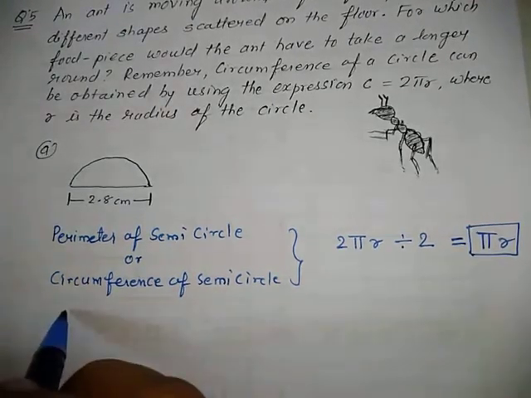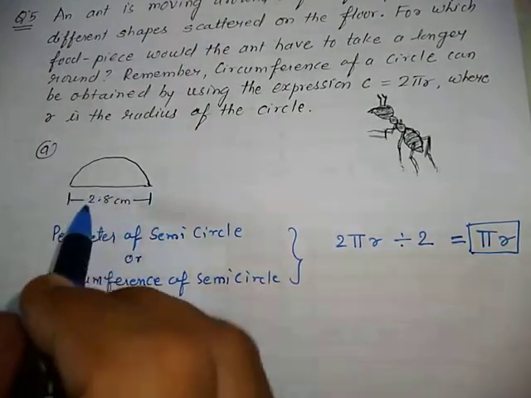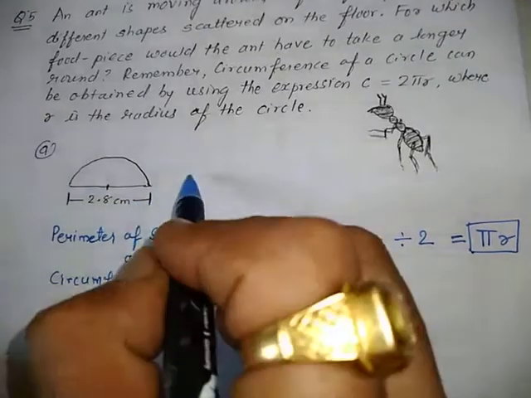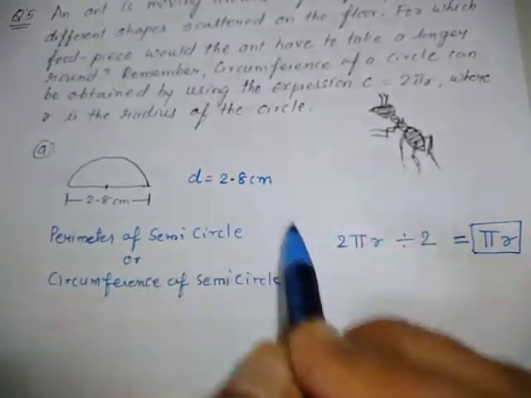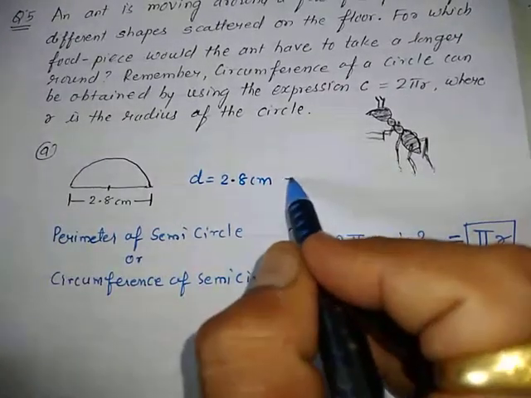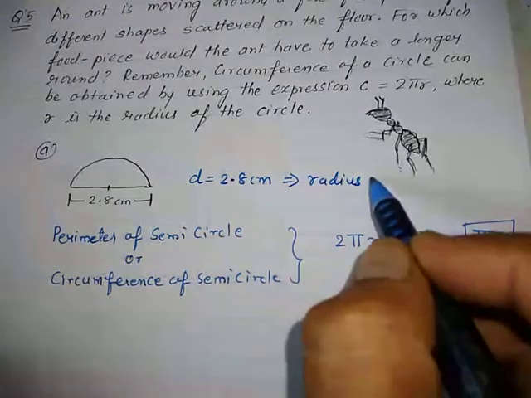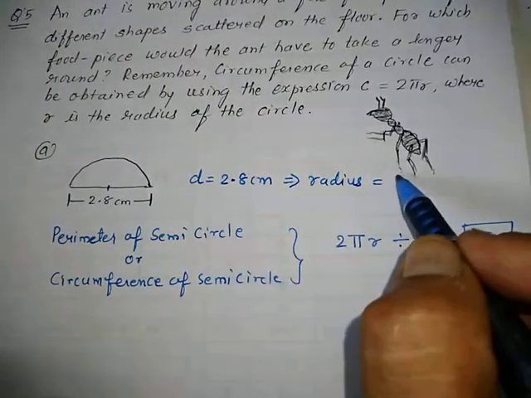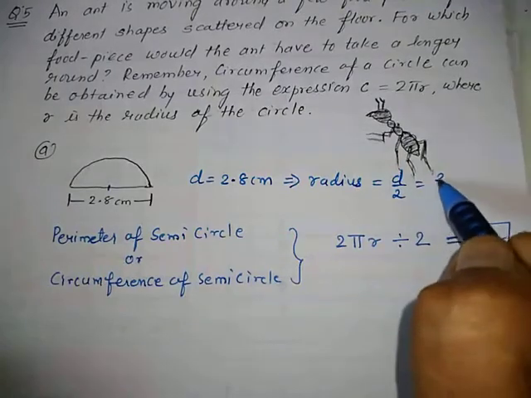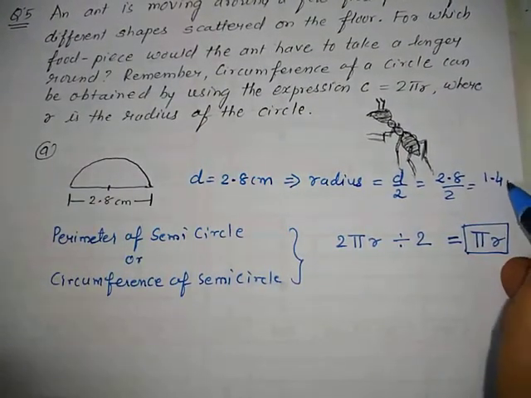We want to take the value of pi, and the radius is not given, but they have given the diameter. So d is equal to 2.8 centimeter. From this I can find the radius. r is equal to d divided by 2, that is 2.8 divided by 2, so I am getting 1.4 centimeter.